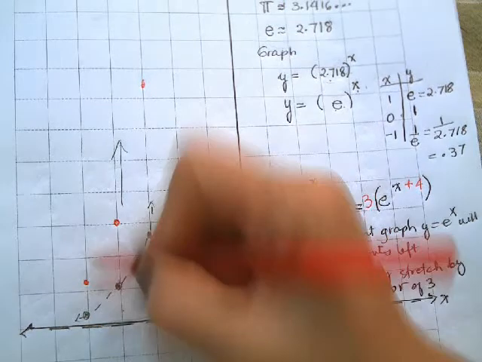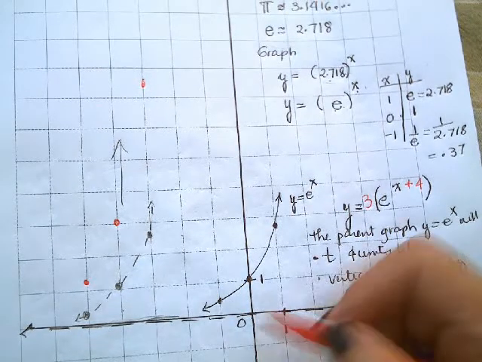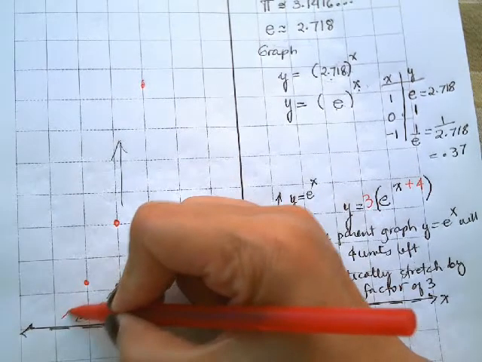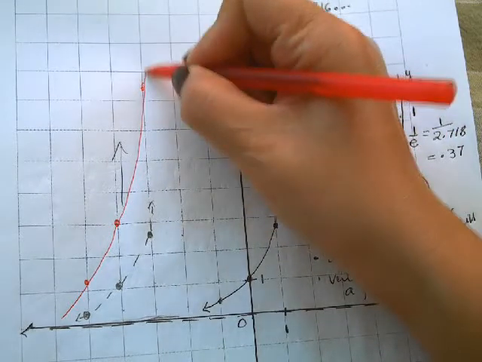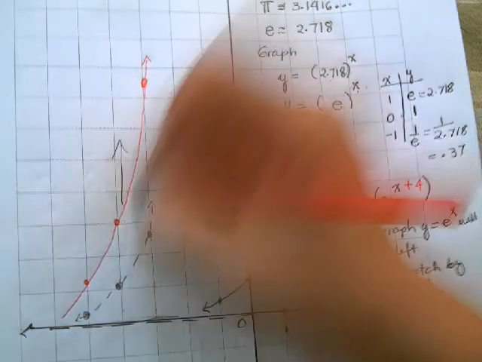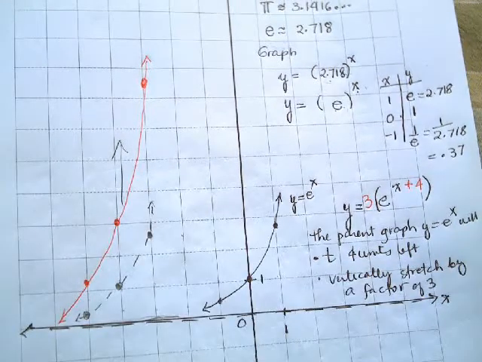You see that it is now stretched. We cannot stretch the asymptote; it's still the same, on the x-axis. So we're going to have this as our final graph. These are your points, and the graph will approach the asymptote.